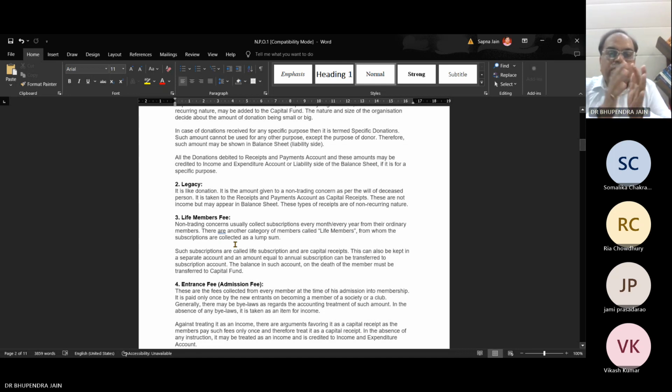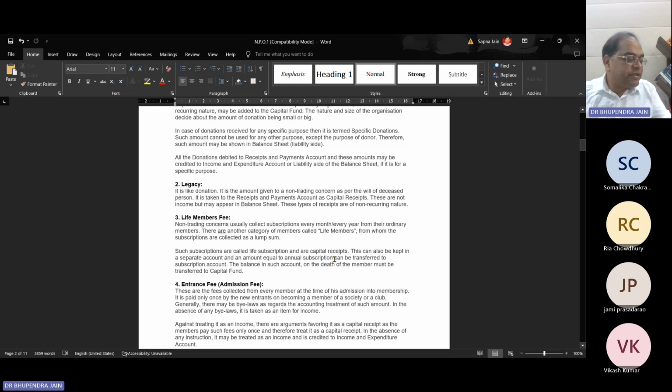So if the NPO, society, club, or any institution, school or college receives the lifetime membership fee, that means this is not a revenue receipt. This is called a capital receipt. Such subscriptions are called life subscription and are capital receipts. This is not a revenue receipt.